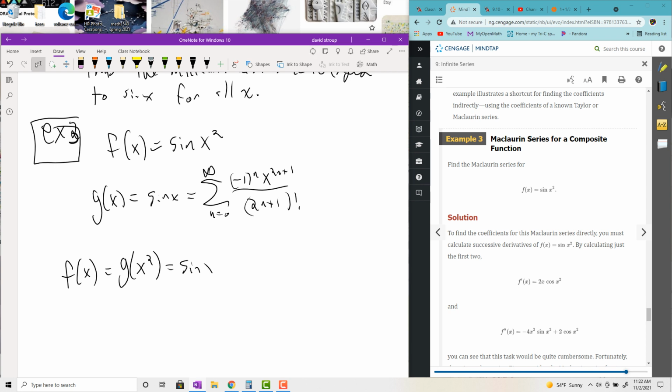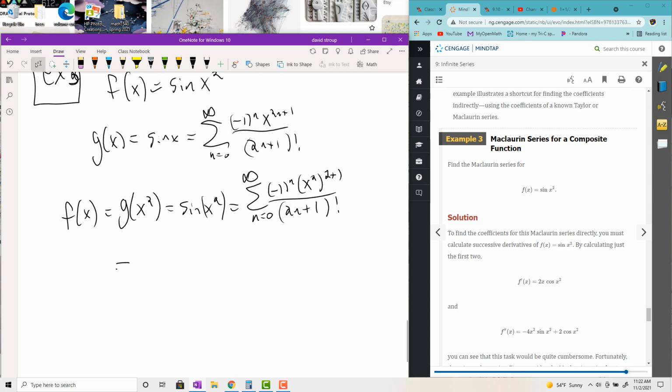So you'd have sine of x squared equaling the series (-1) to the n times x squared to the 2n plus 1 all over 2n plus 1 factorial from n equals 0 to infinity. Cleaning it up a little bit, you would have x to the 4n plus 2 all over 2n plus 1 factorial, and that turns out to be the representation for sine of x squared.